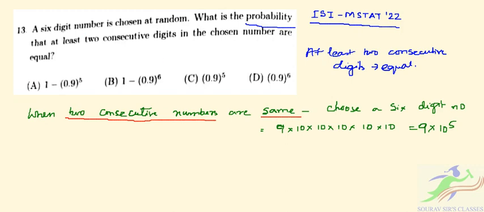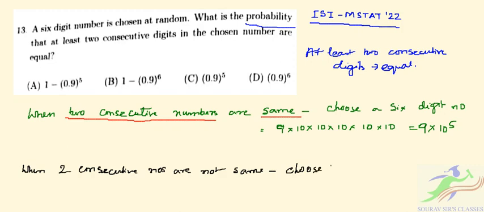Now when two consecutive numbers are not same, then we can choose this 6-digit number in 9 to the power 6 ways, right? And it is 9 to the power 9 into 10 to the power 5 ways.